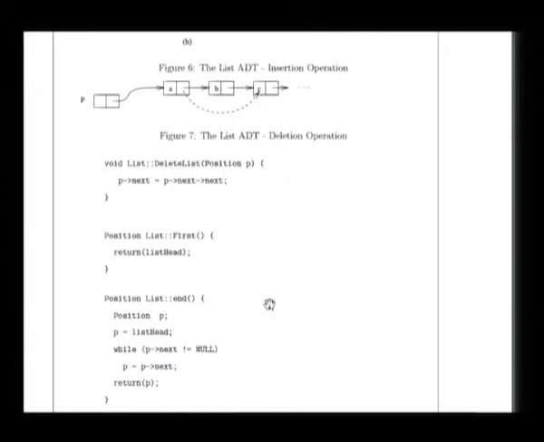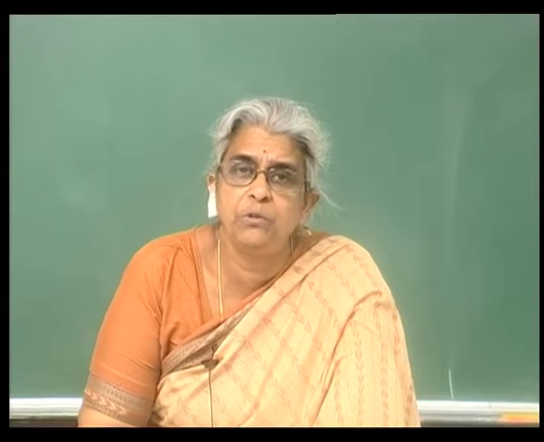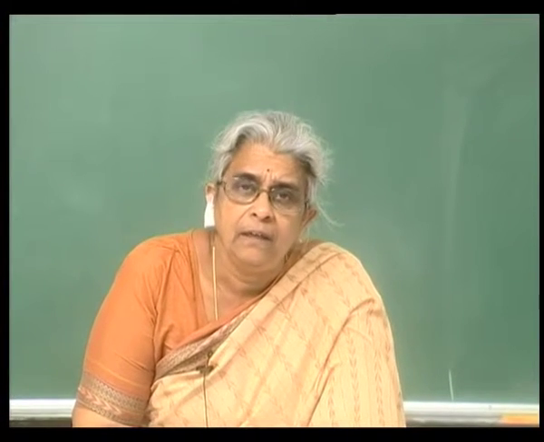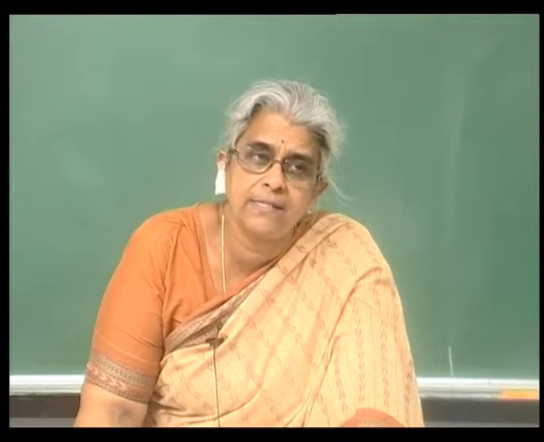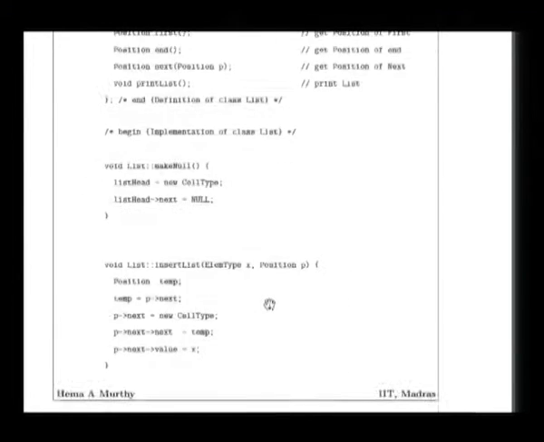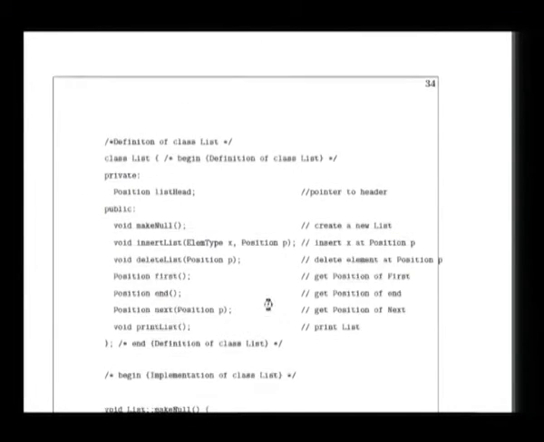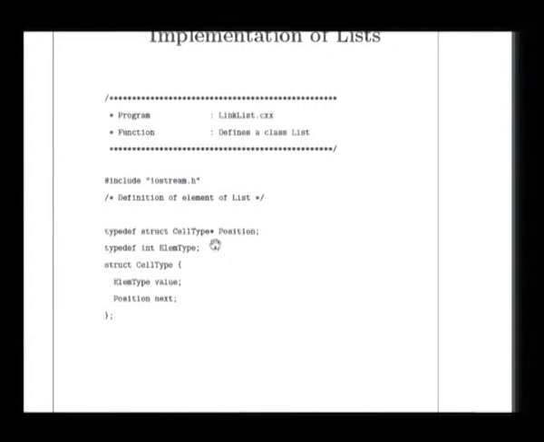So, as far as the user is concerned, he or she does not know whether position is a pointer into a recursive list or it is an index into an array, because we have done the typedef in the definition itself. Okay, going back to this, what have we done over here? We have done the typedef here, and all that a user uses is position in all his programs.